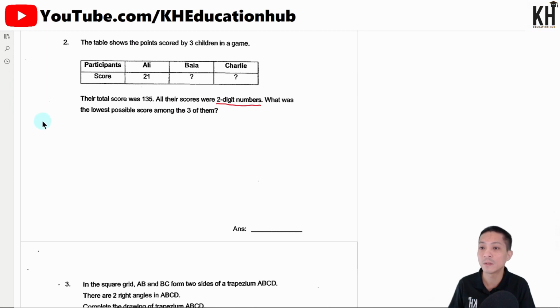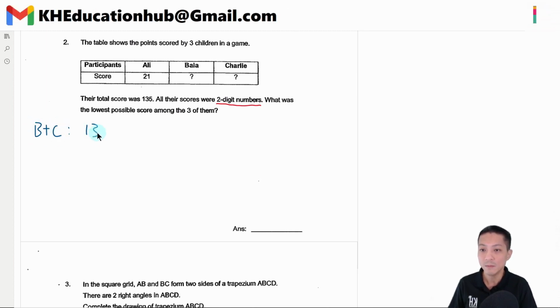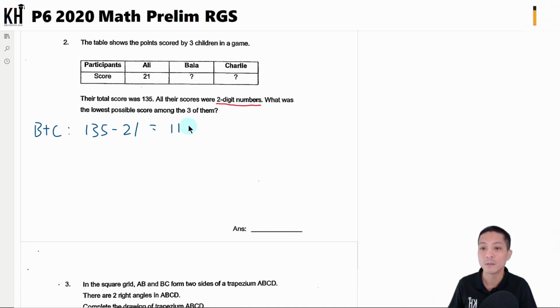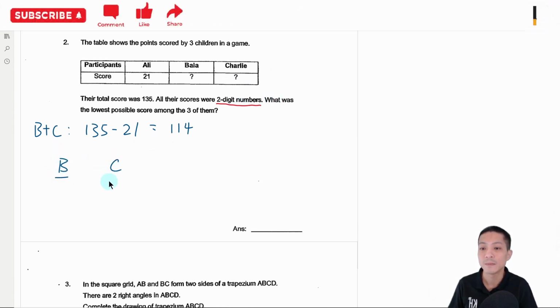Okay, so the first thing I want to find is Bala plus Charlie. What's their score? Okay, so 135 minus 21, that will be equal to 114. Okay, so if all their scores are 2-digit number, Bala and Charlie, right?